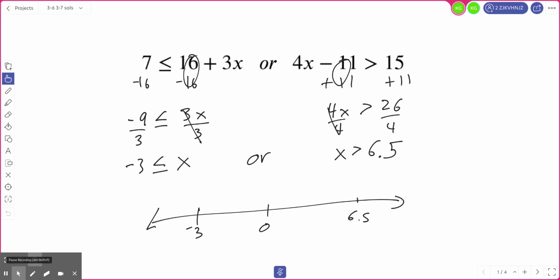What we'd be talking about would be less than negative 3 or greater than 6.5. And so we can't write this as a compound inequality with x in the middle. We have to write it with or, because you're never going to have one number that makes both of these things true.